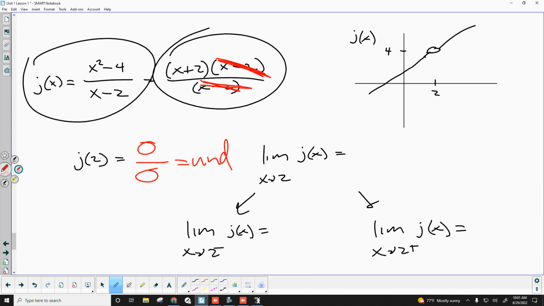This is when we get 4 and 4. And this is when we have a limit, even though we don't have a function value. So heads up, guys, holes have limits. This is a hole without a point. It's got a limit. It's equal to the y-coordinate, where the hole is located.